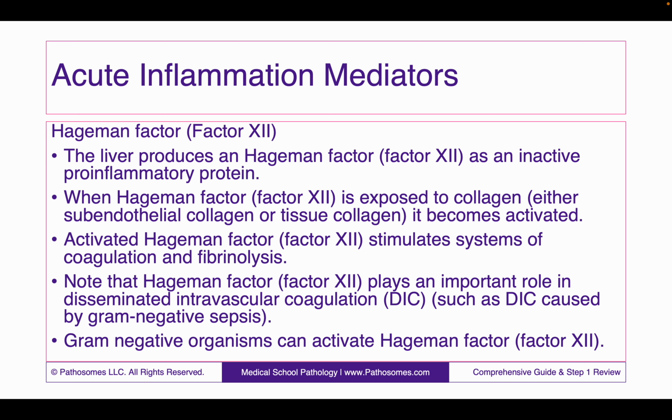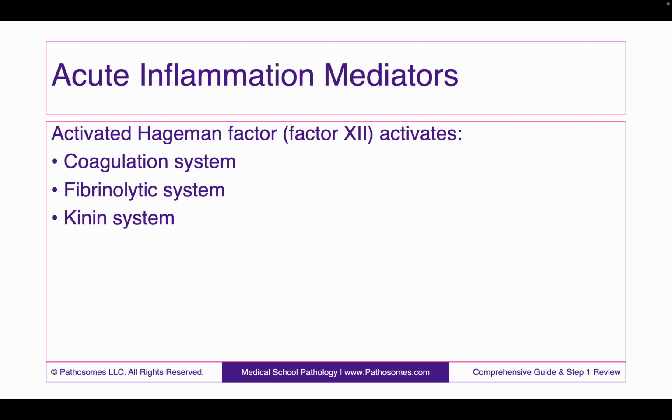Keep in mind that Hageman factor plays an important role in DIC, disseminated intravascular coagulation, such as DIC caused by gram-negative sepsis. Gram-negative organisms can activate Hageman factor. And when Hageman factor is activated, it activates various systems.